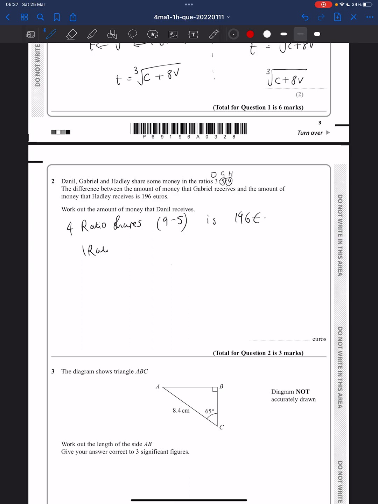So 1 ratio share, just call it share, save a bit of writing. 1 share is 196 divided by 4, which is €49. And so Daniel gets 3 shares. So 3 times 49 is 147.